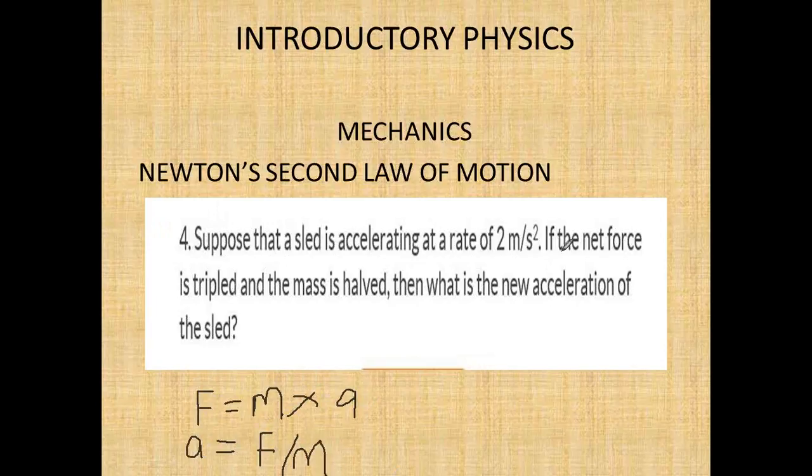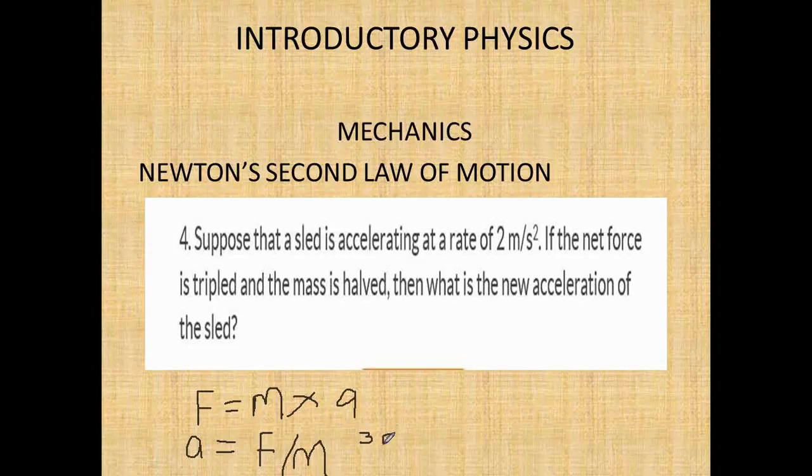So what they say, if the net force is tripled, so if you triple the net force, you're going to increase it by 3. So whatever the force was, you're now going to get 3F.